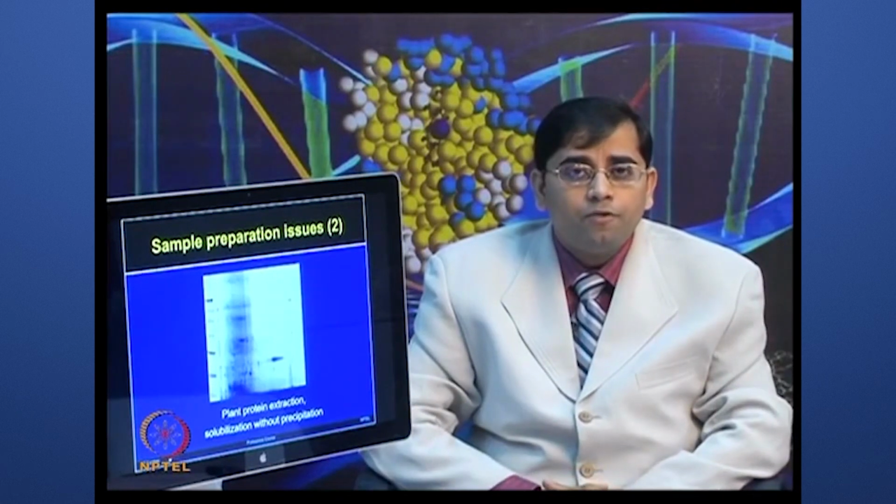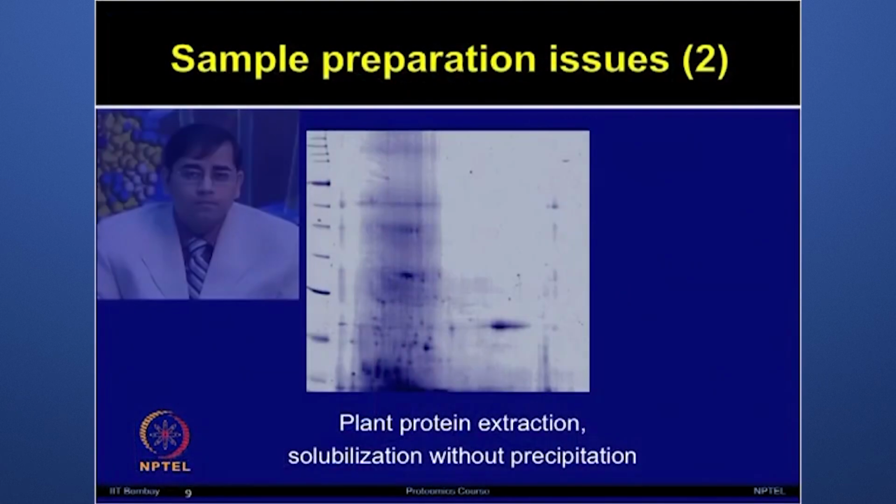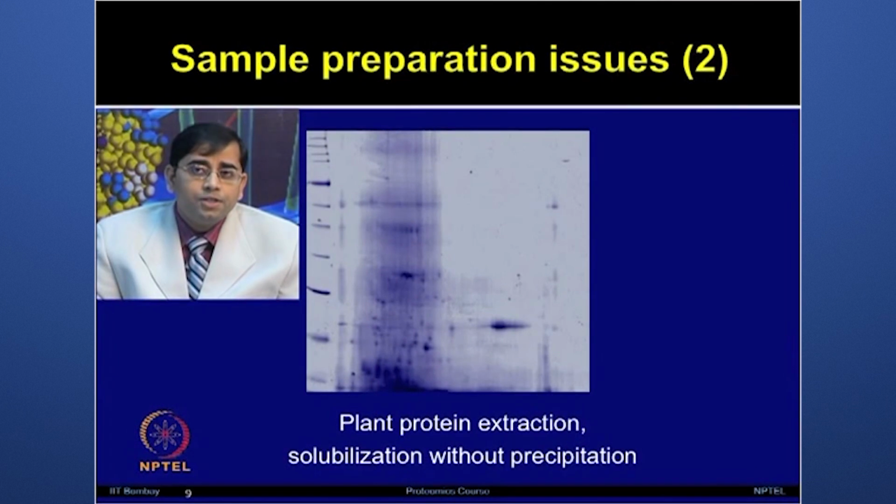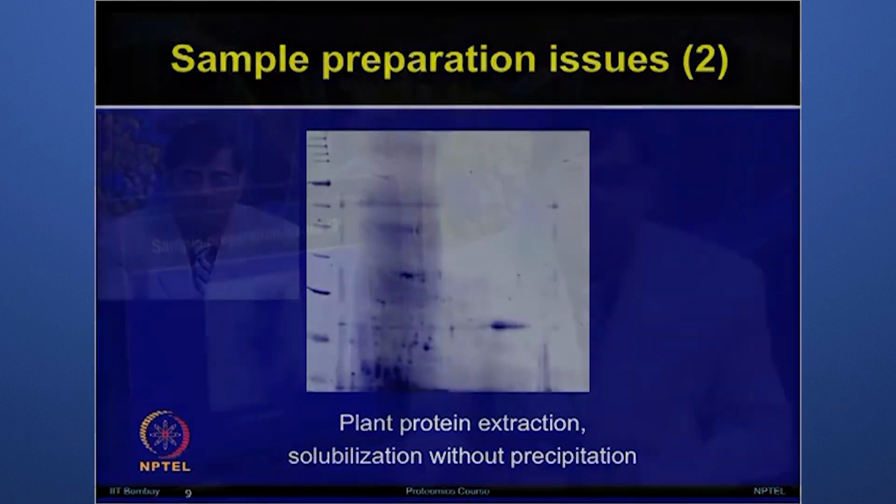Now, if you are performing plant protein extraction, but the solubilization is not sufficient without precipitation, one can see this type of streaking and uneven gel pattern.